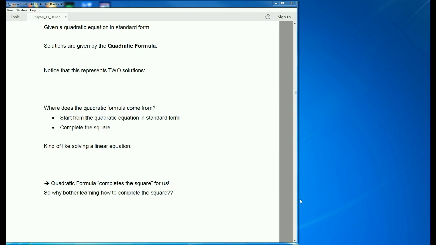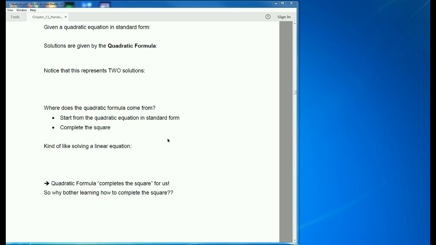So where does the quadratic formula come from? Because it looks kind of mysterious, like it just comes out of nowhere. But it's really not that mysterious. I'm not going to go through it, but you basically just start from the quadratic equation in standard form, which I already wrote above right here.